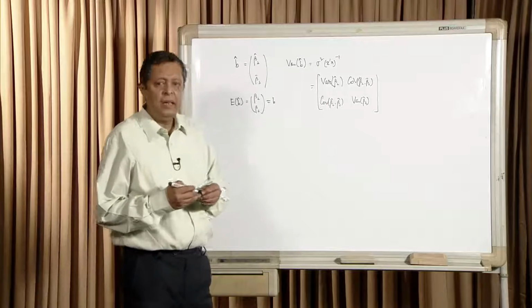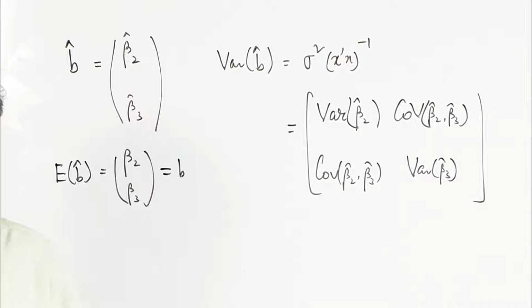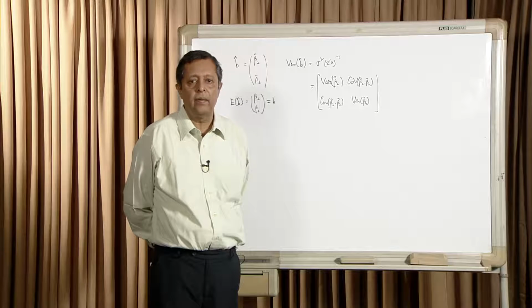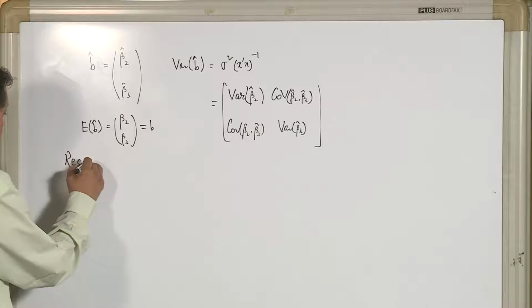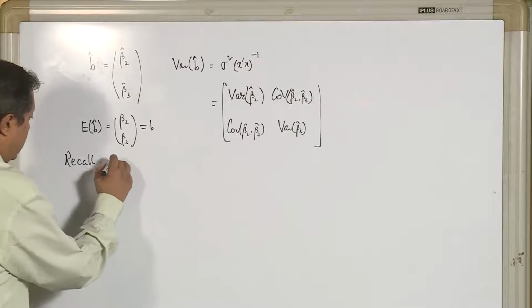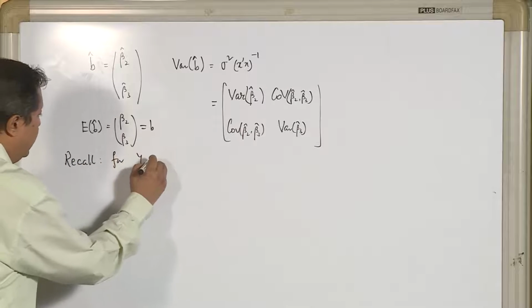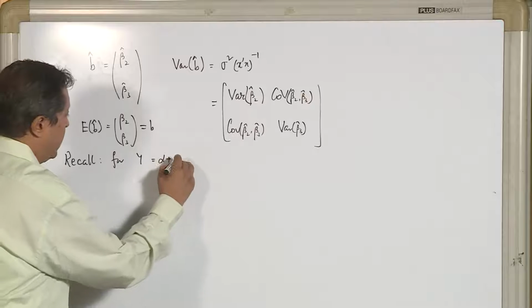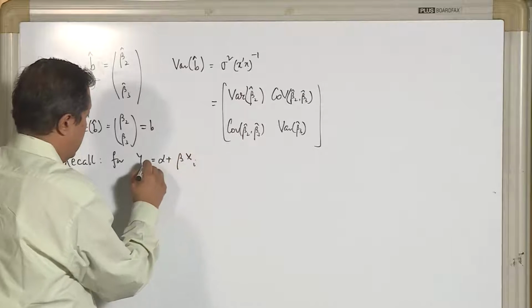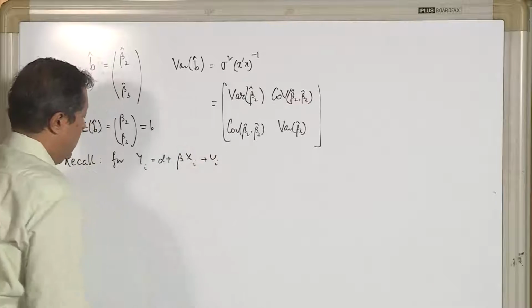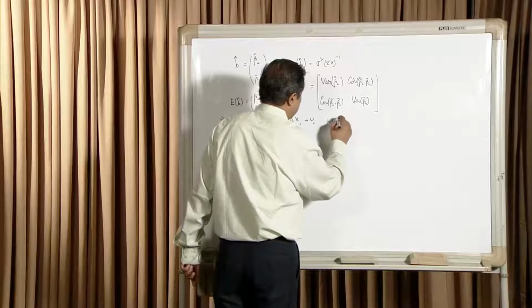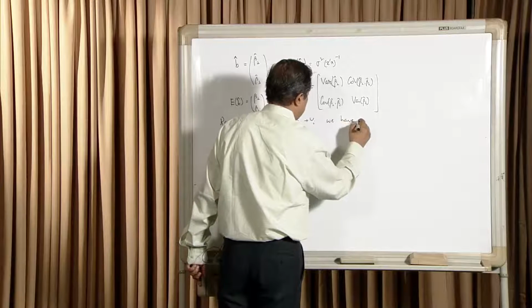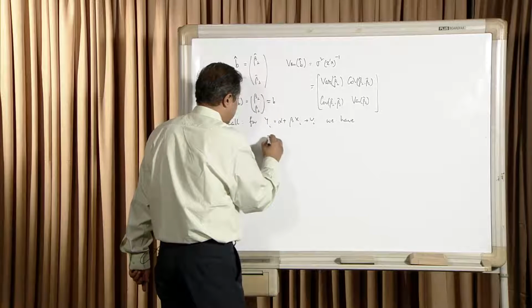Here again, first we will take an intuitive route. So, we know that in the simple linear regression model where y is just regressed on a single variable x, we should be able to recall, for y equal to alpha plus beta x plus u, that is the two variable model, we have the result: beta 2 hat.